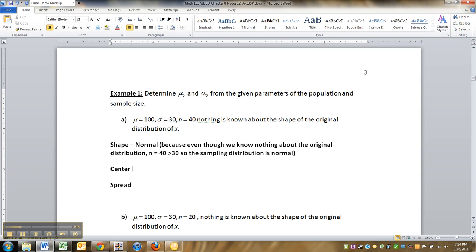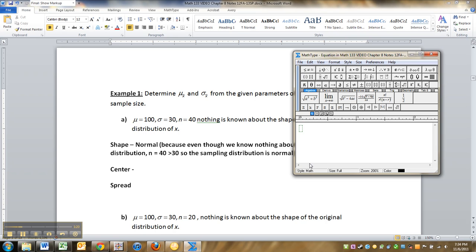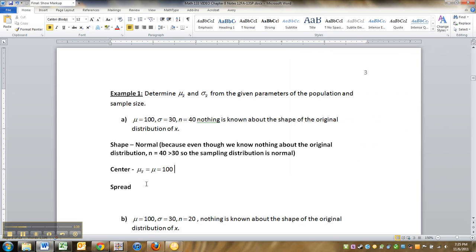Next, the center. The center is the mean of the x bars, which is equal to mu, according to the central limit theorem, which is equal to 100. Done.